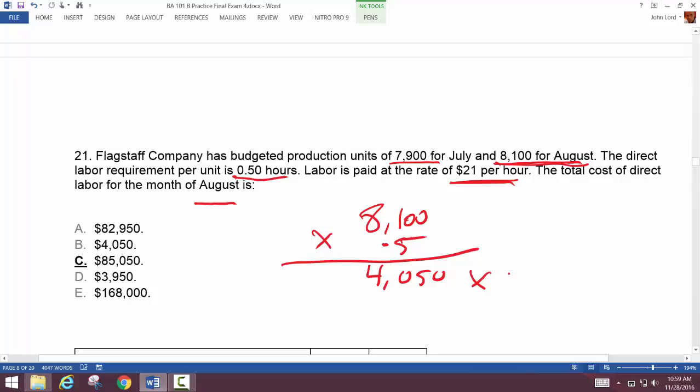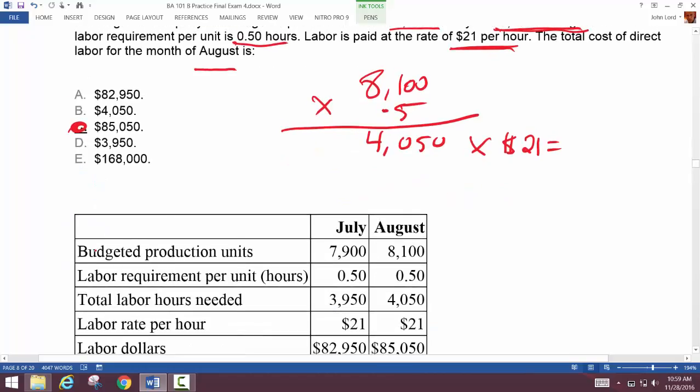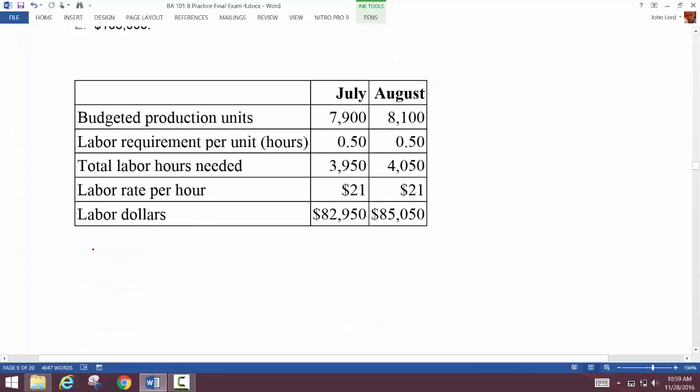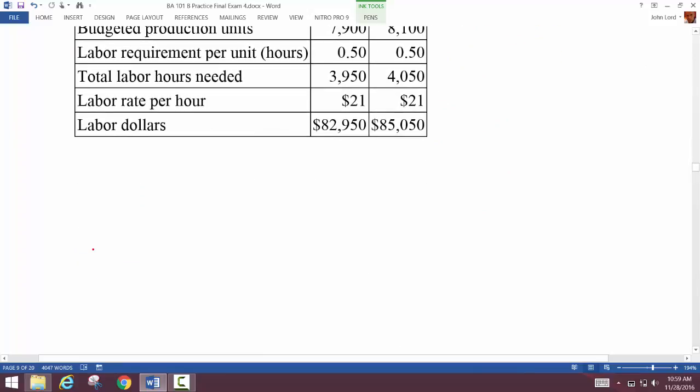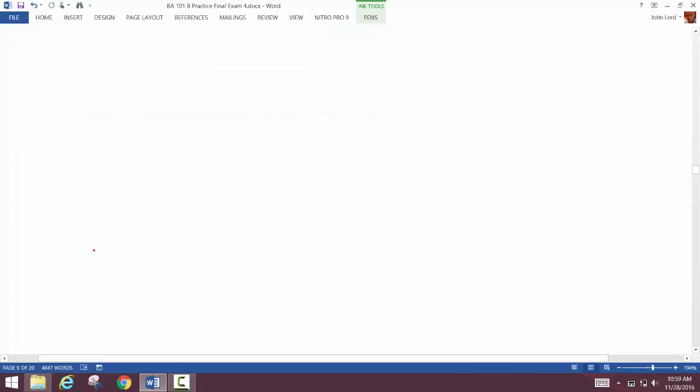Times 21. So what's that? 85,050. Okay, good. They didn't ask us July, but if they did, that's how we would have figured it out.